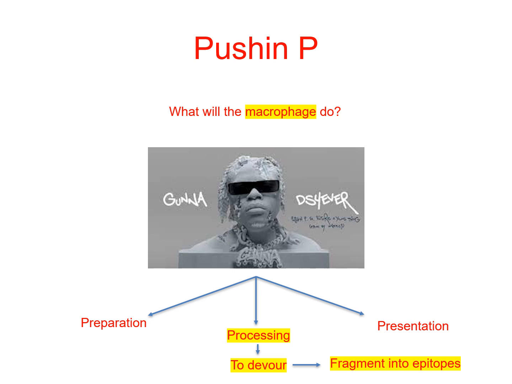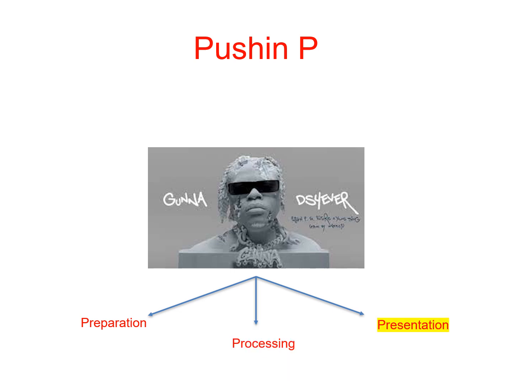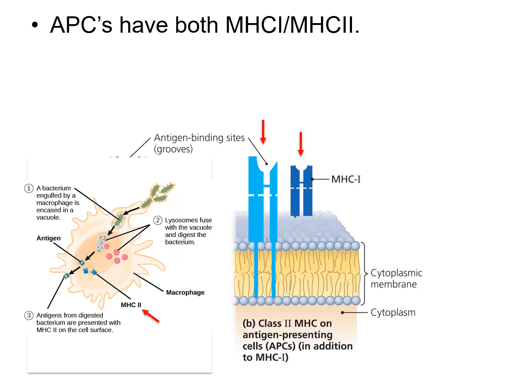Pushing P. That was processing. Processing is to devour and fragment the antigen into the epitopes. We now look at presentation. Pushing P. APCs have both MHC1 and MHC2.